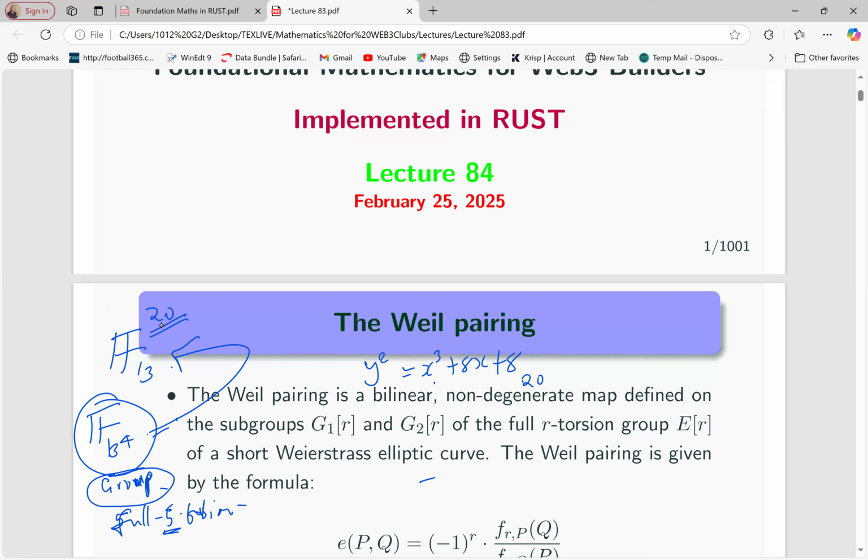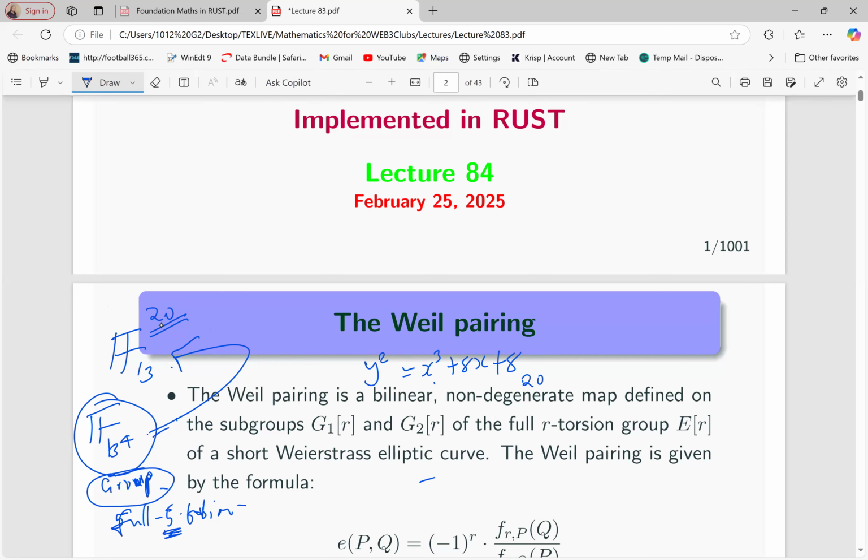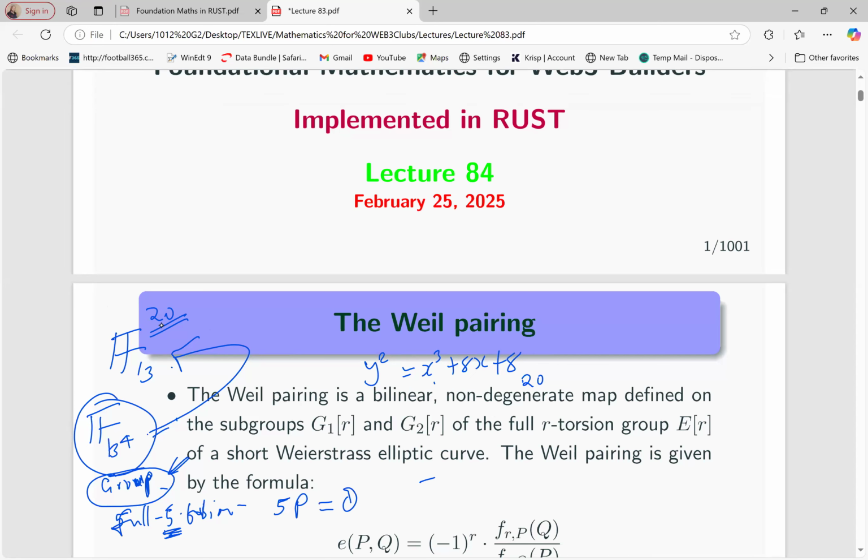These are points of this group that have the property that if added 5 times, you would get the identity. Those are the points we want. We call them the 5 torsion points.